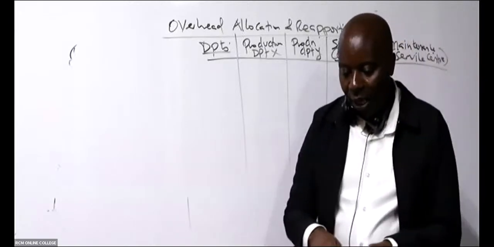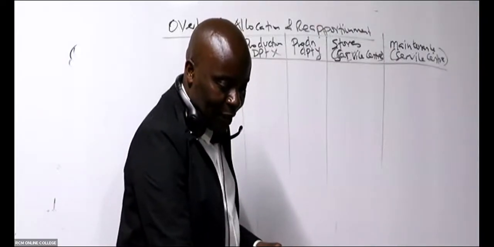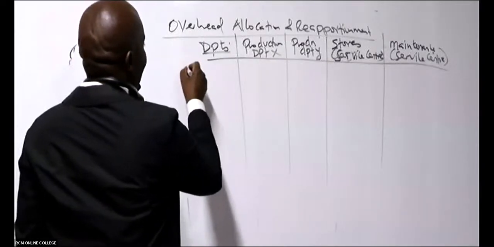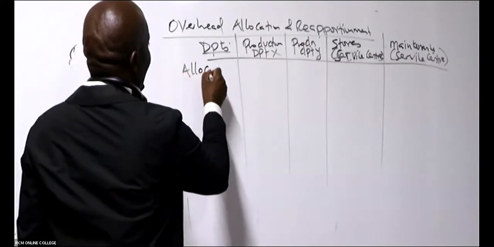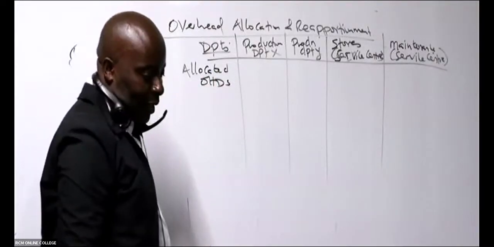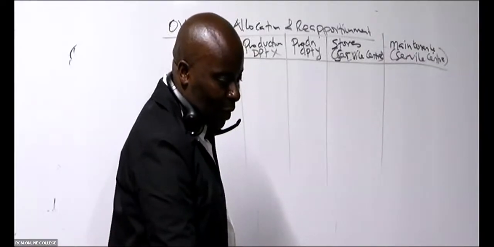So then we have our allocated overheads. What have they allocated to these departments?